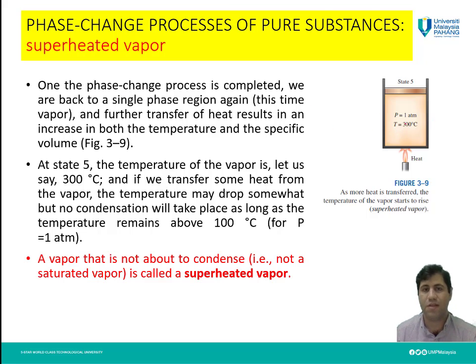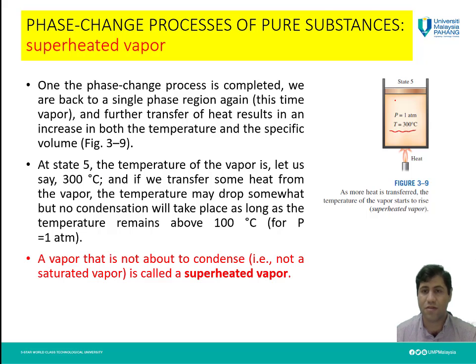So this is after that phase change process. Then we continue to warm up this cylinder. Then the temperature of the vapor will increase from 100 degrees Celsius to above. For example, here in state 5, we have 300 degrees Celsius.